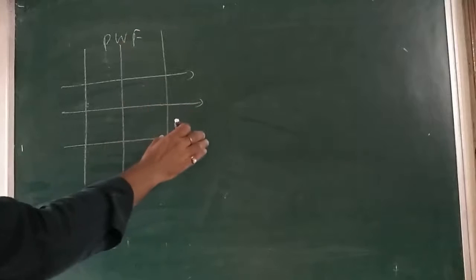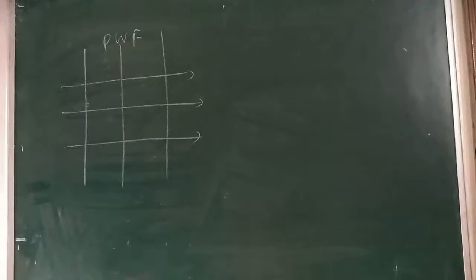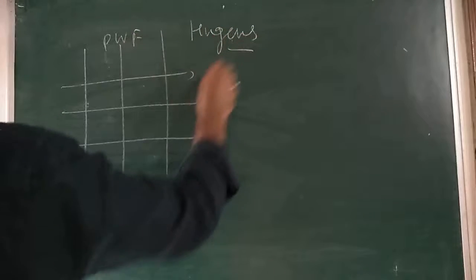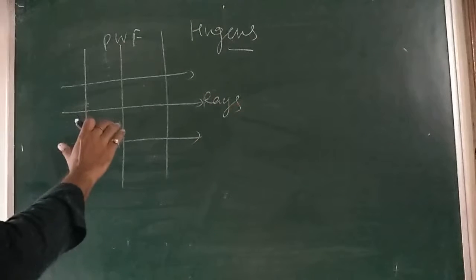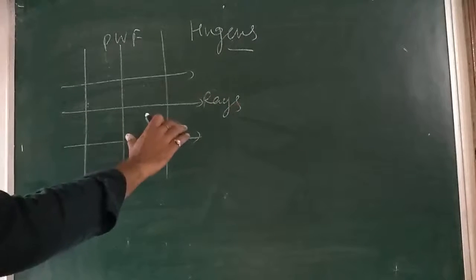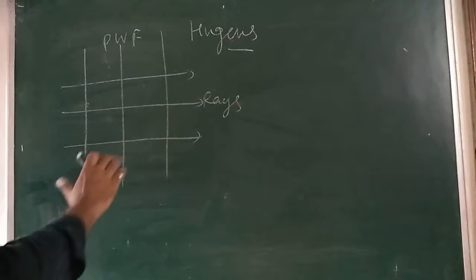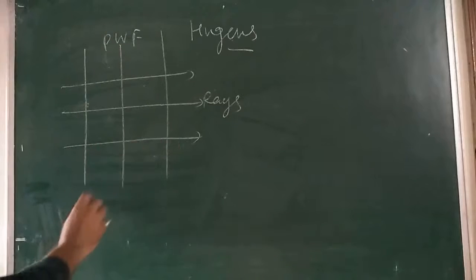According to Huygens, these straight lines are the rays of light, and these rays are always normal to the wavefront. In a plane wavefront, these types of rays are possible.